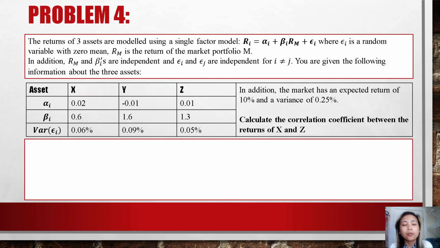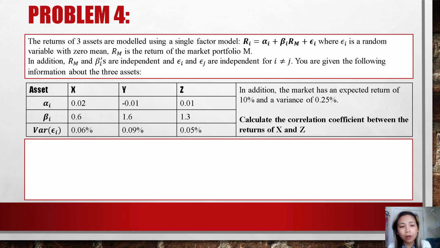Number 4. The returns of 3 assets are modeled using a single factor model, where epsilon i is a random variable with 0 mean, and Rm is the return of the market portfolio M. In addition, Rm and epsilon i are independent, and epsilon i and epsilon j are independent for any i not equal to j.